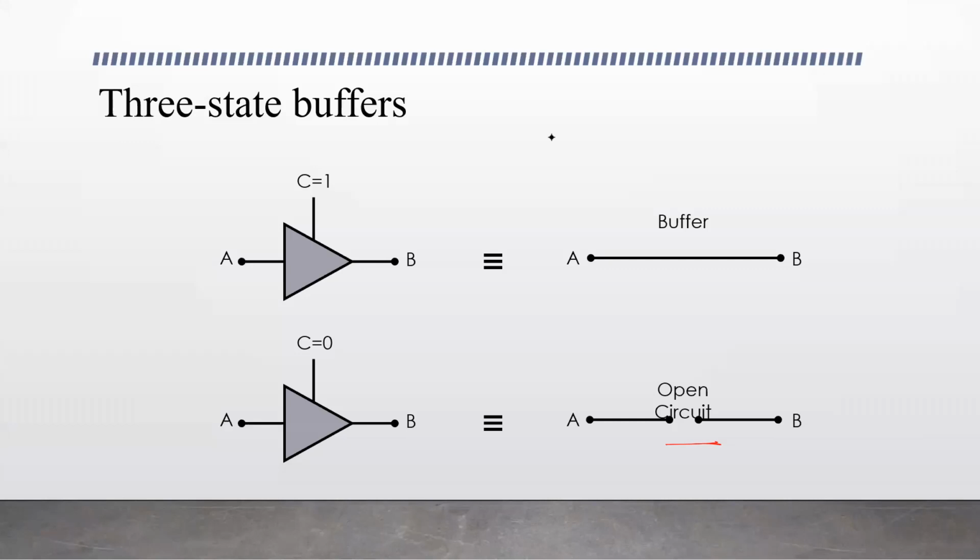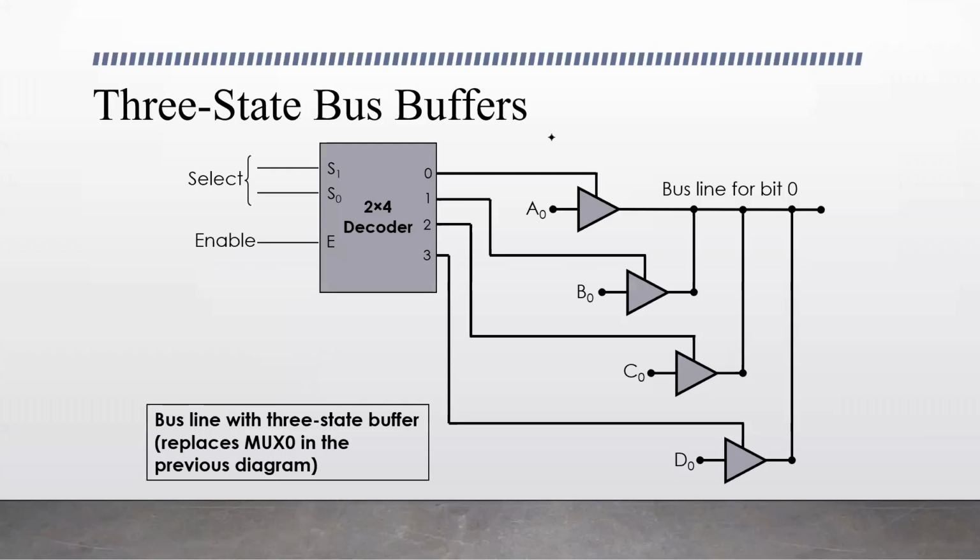So these 3-state buffers can be used to construct the common bus system. We have seen that bits A0, B0, C0, and D0, the least significant bits of the 4 registers, are taken here.